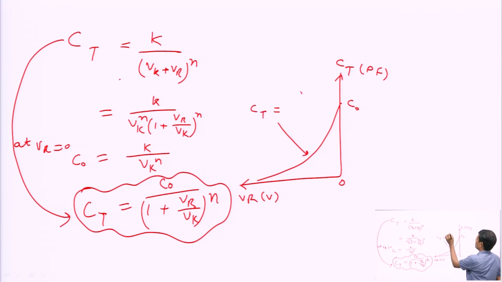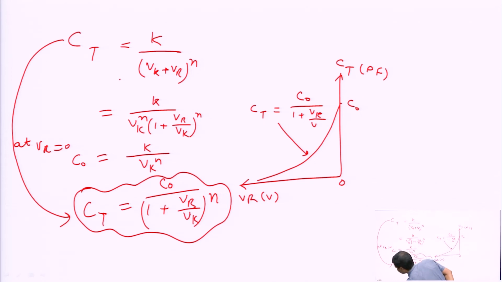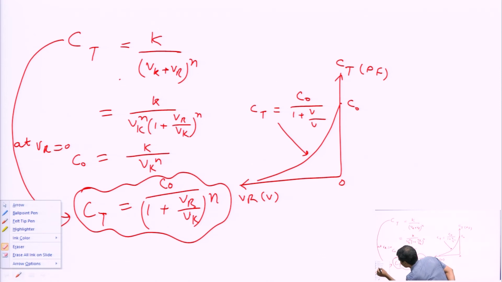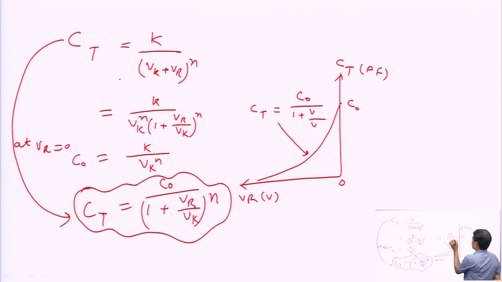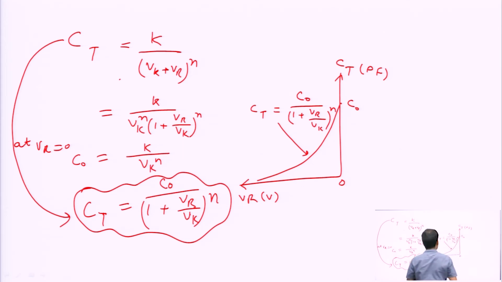Ct is equal to C naught times 1 upon (1 plus Vr upon Vk) whole raised to the power n. This is the graph of transition capacitance.